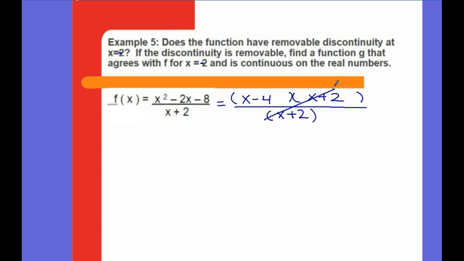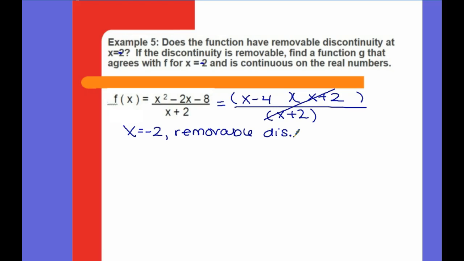They cancel. So then the question is, does it have a removable discontinuity? Yes. So at x equals -2, we have a removable discontinuity. That means this function here really behaves like this.